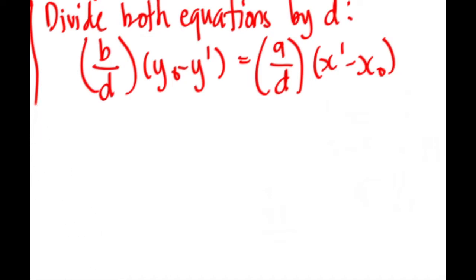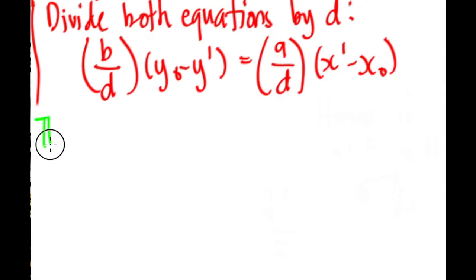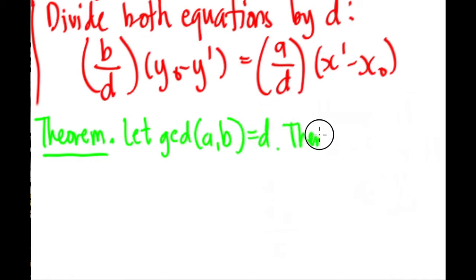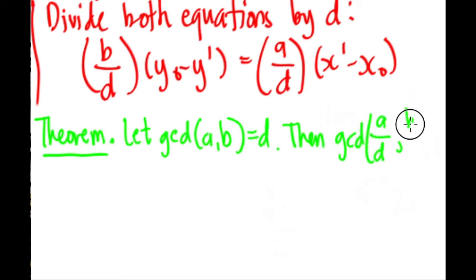So by one theorem, it states something like this. We will let the GCD of A and B be equal to D. Then we say that the GCD of A over D and B over D is equal to 1.